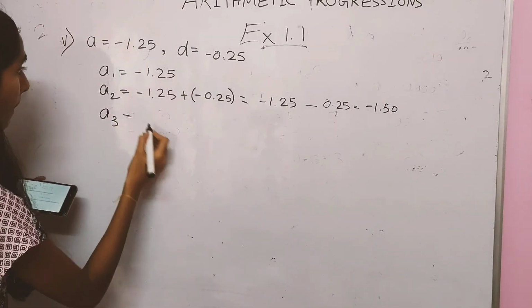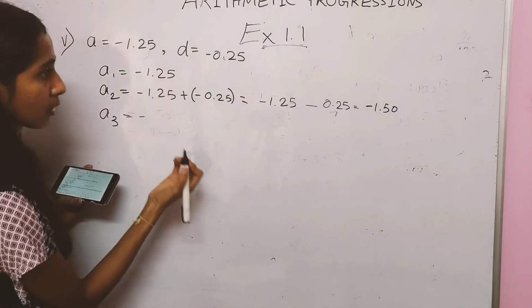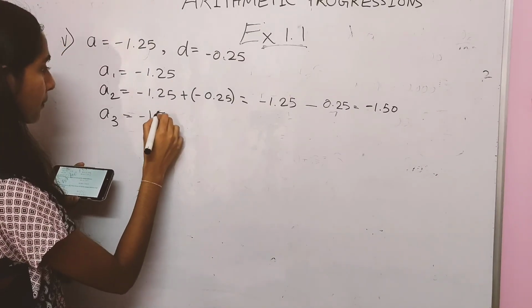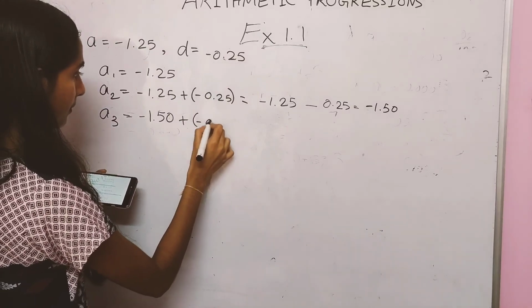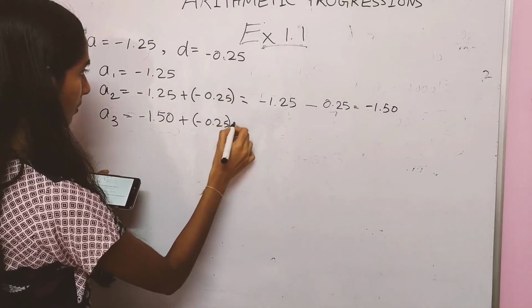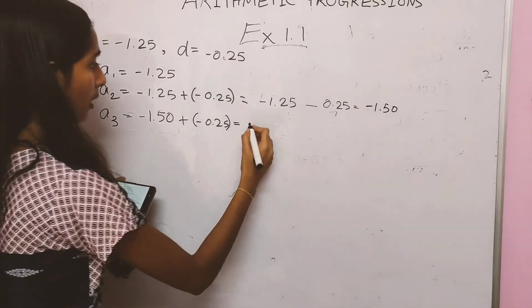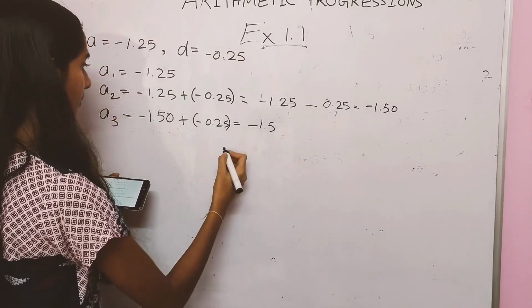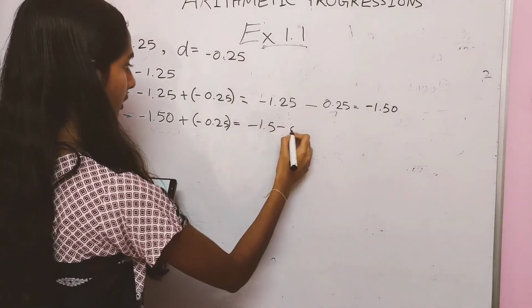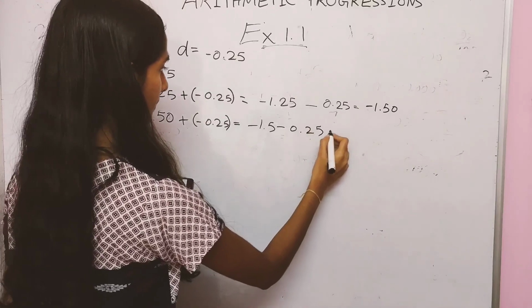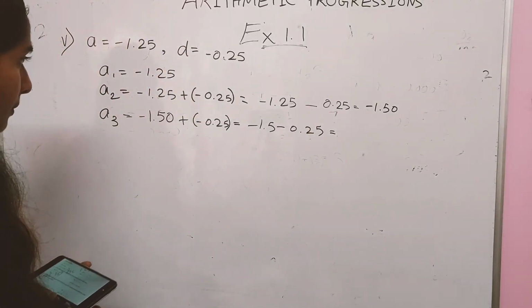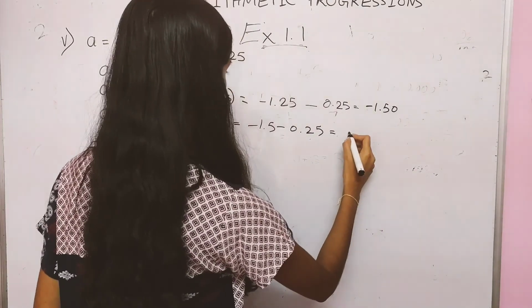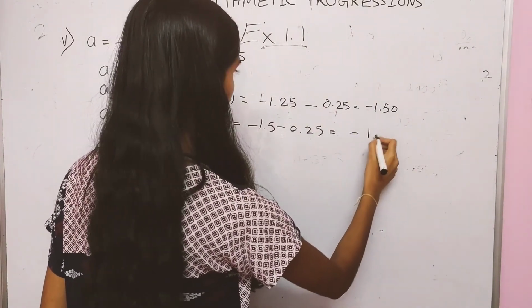A3, second term plus the common difference. Minus 1.5 minus 0.25. How much do you get? Minus 1.75.